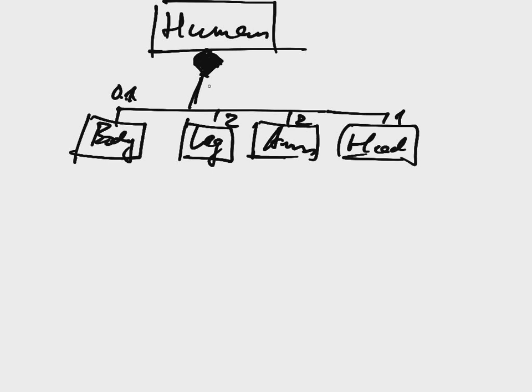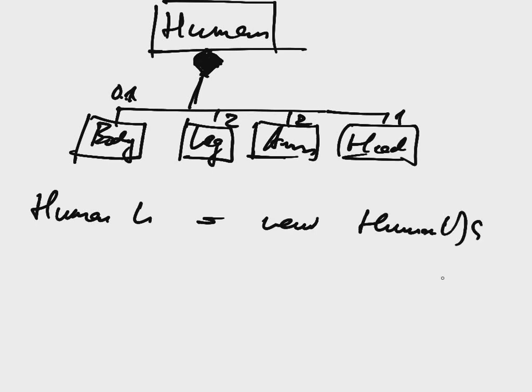And what does it mean? When I create an instance of human, like in Java that would be human, let's say h, equals new human, then inside this construction part, when it is constructed, there should be something like this.